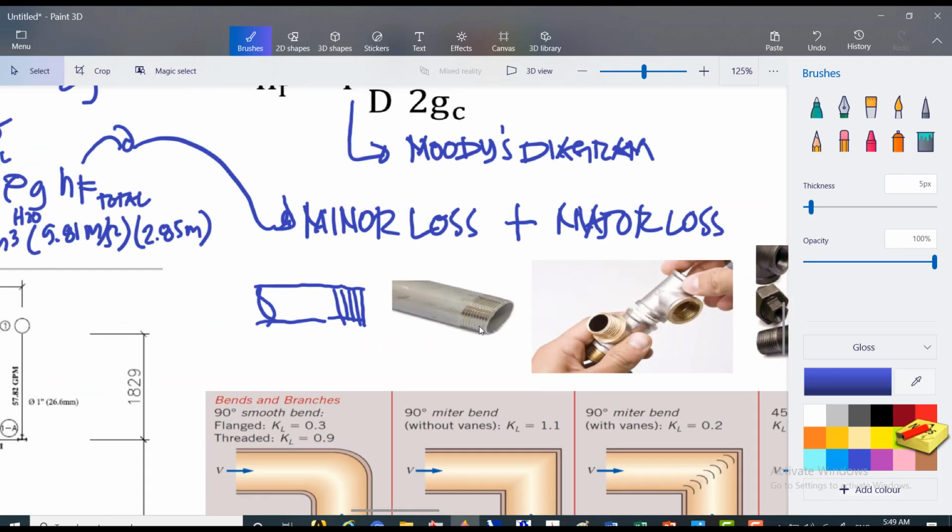Mostly in terms of size, it ranges from the lower sizes.